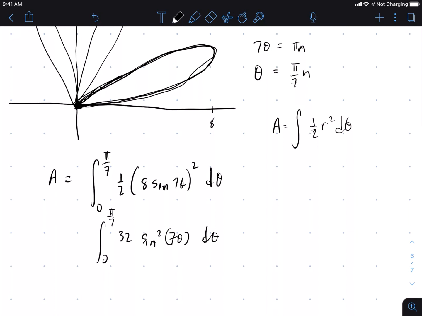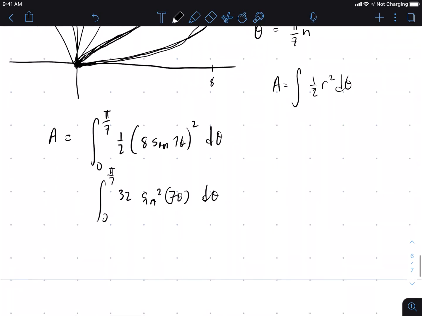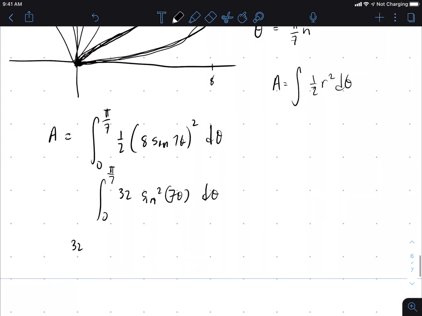Sine squared. You should have bells ringing, right? How do we integrate sine squared? That's right, it's going to be power reduction, correct? So I'll go 32 times the integral from 0 to pi over 7 of 1/2 times 1 minus cosine of 14 theta.